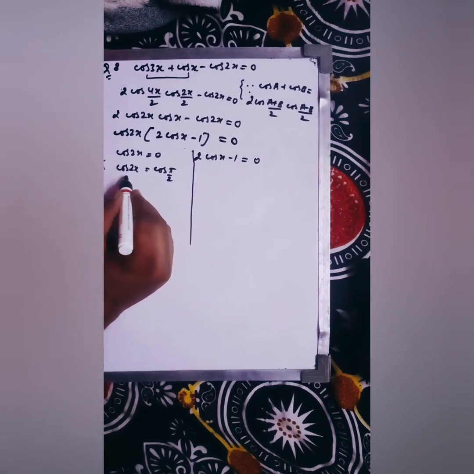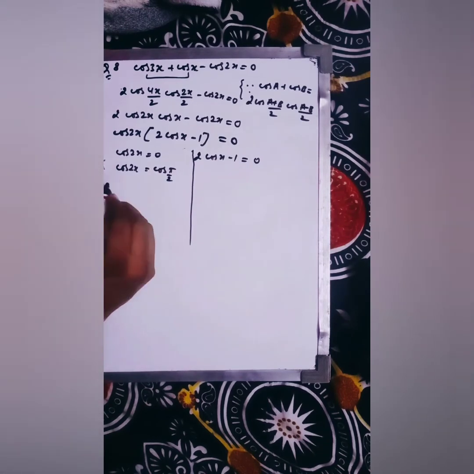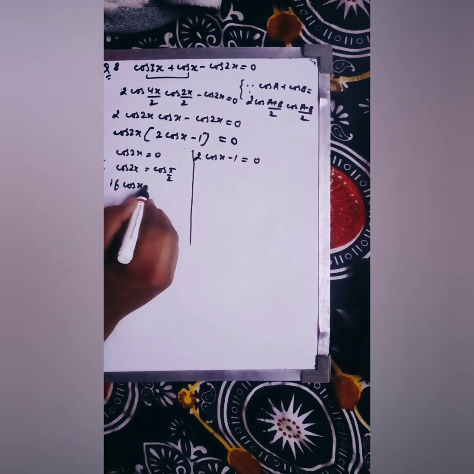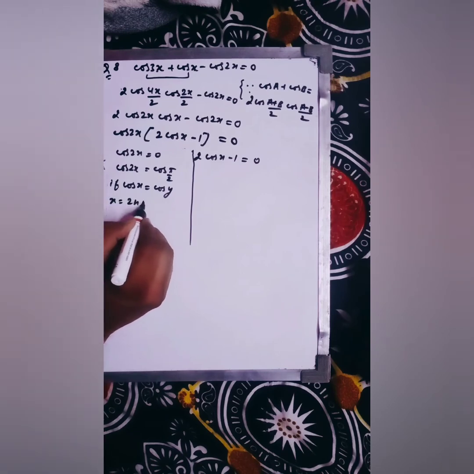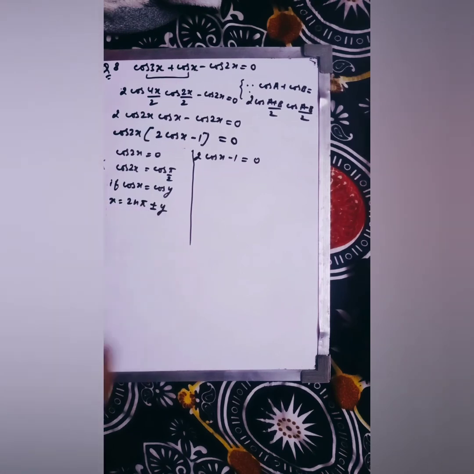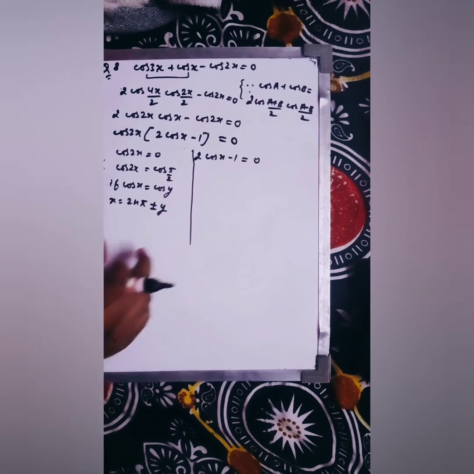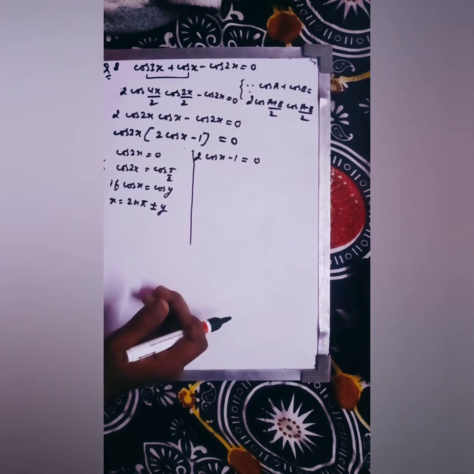Now here we have to write the general formula. So the general formula is, if cos x equals to cos y is coming, then your answer would be x is equals to 2n pi plus minus y. This formula you have to apply here.